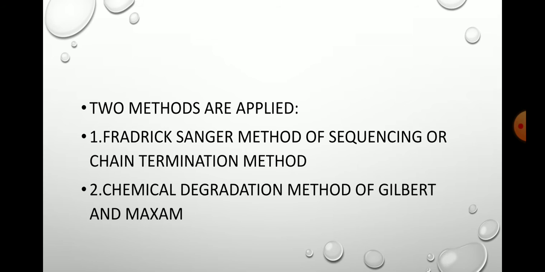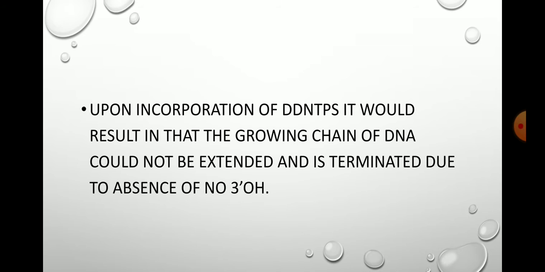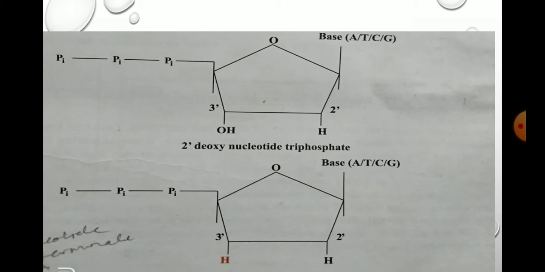Now you can see the picture given here. This is the normal nucleotide. Now see the carbon positions 1, 2 and 3. Here carbon 3 has the OH group, that is, 3' OH is present here. But in the dideoxynucleotide, that is ddNTP, you can see there is a lack of the OH group; instead there is hydrogen.